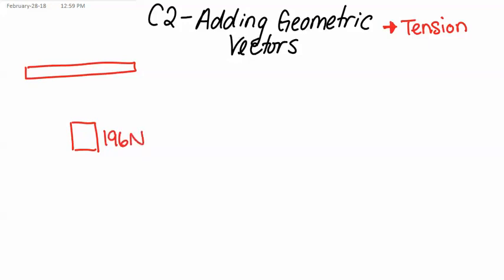So there's this mass, and it's connected by 2 ropes. And I would tell you the angles that those ropes are at. So let's just say they're at a 60-degree angle and a 45-degree angle.